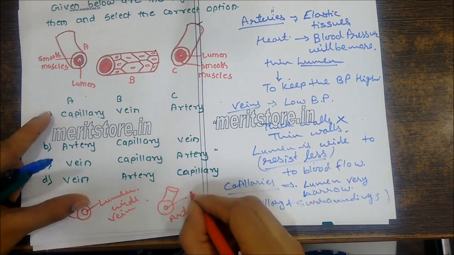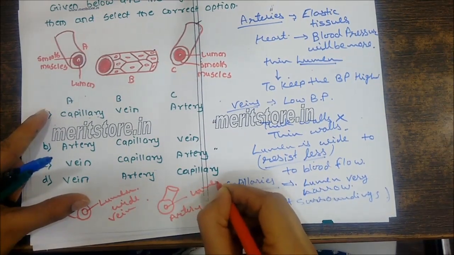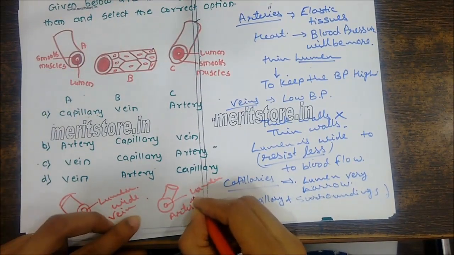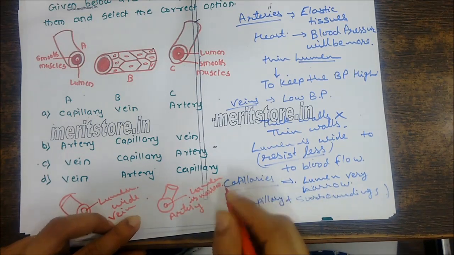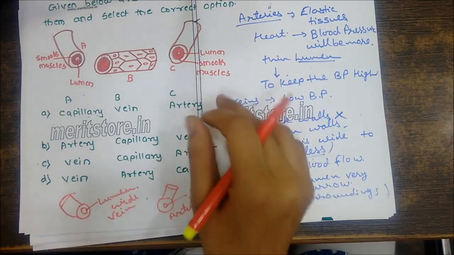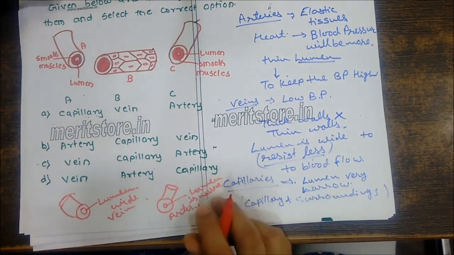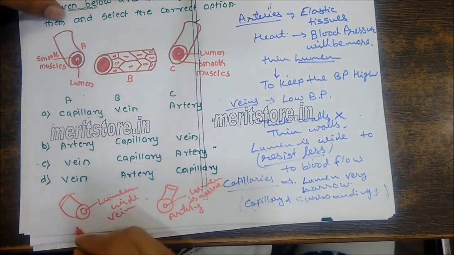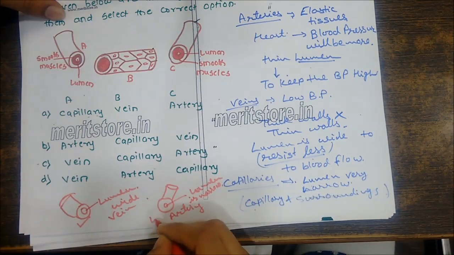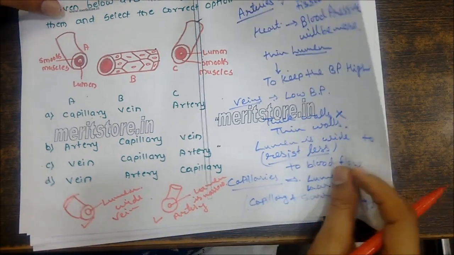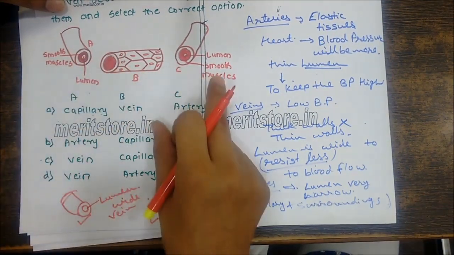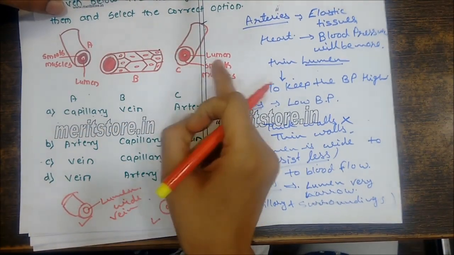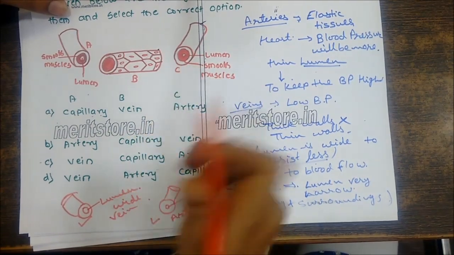The lumen is very narrow or thin, and in the capillary the lumen will be, so we can't, this is the vein and this is the artery. Smooth muscles, it's a big lumen, so it is the artery.